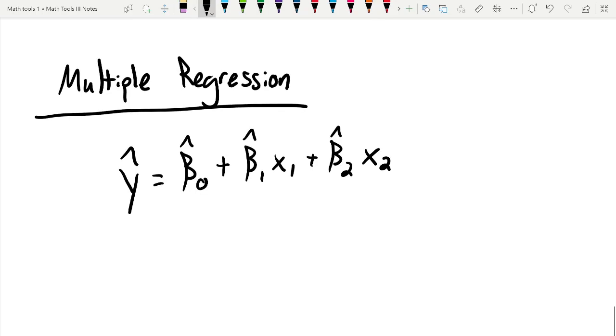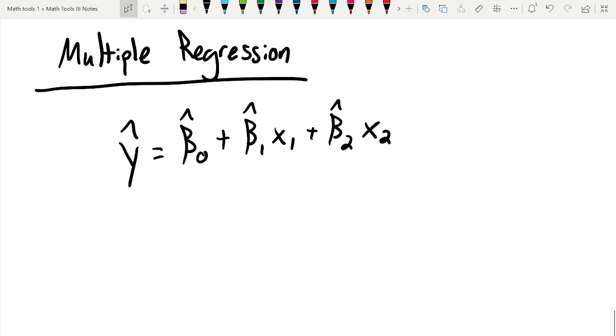So here we're treating y as a function of x1 and x2. In the context of regression, we typically use y as the dependent variable, and then we have indexed x terms for our data, our independent variables, right?